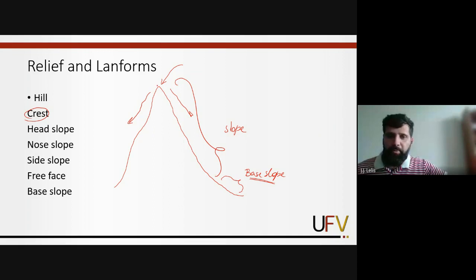So all materials that could be eroded in all this slope tend to accumulate in the base slope. So this material could be eroded in the upper areas and start to accumulate in these areas.